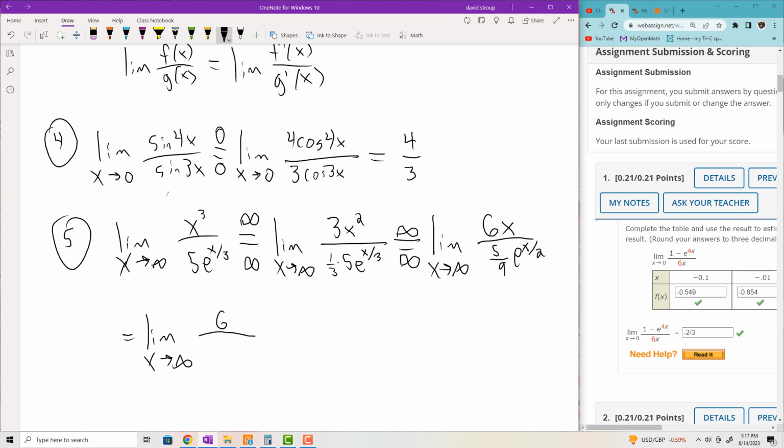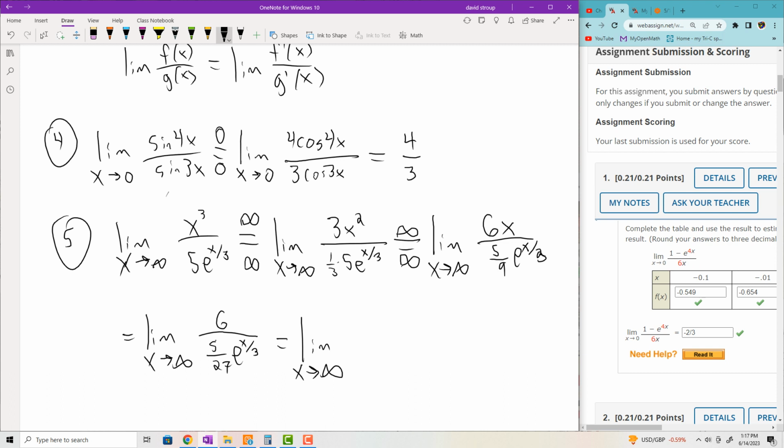So the derivative of 6x is 6, and down below we got, oops, that should be a 3, right? So 5/27 e to the x over 3. Let's get rid of that complex fraction. In general, we don't like to write a complex fraction like 1 over 1 over 2. And if you have a fraction in the denominator, you just multiply by its reciprocal.